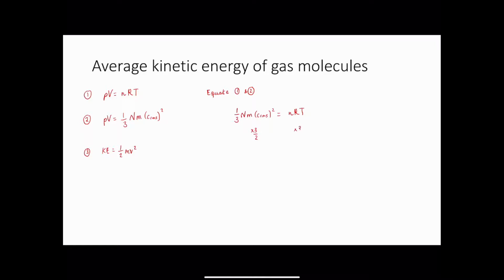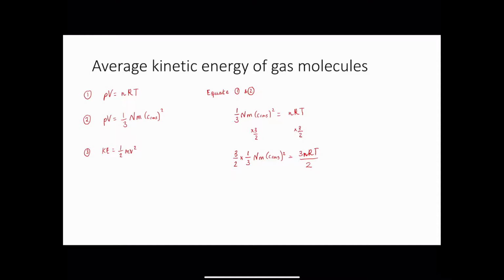So if we do that, we're getting 3/2 times 1/3 nm CRMS squared is equal to 3nRT over 2.